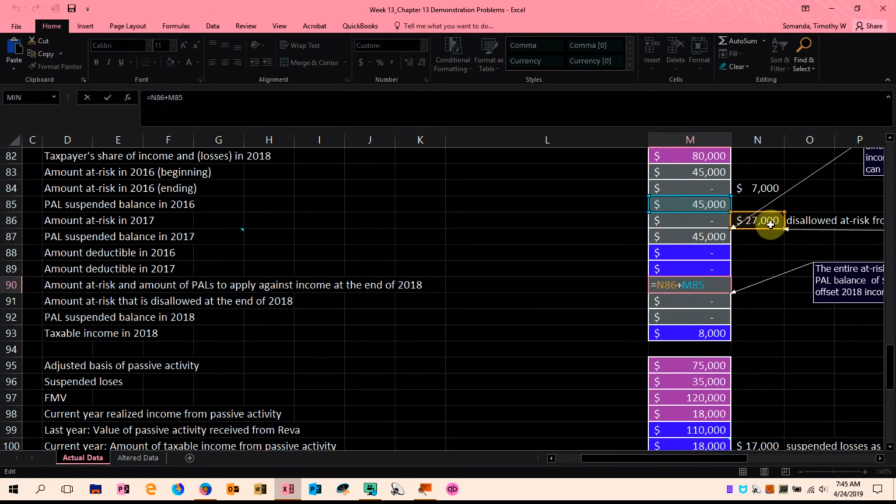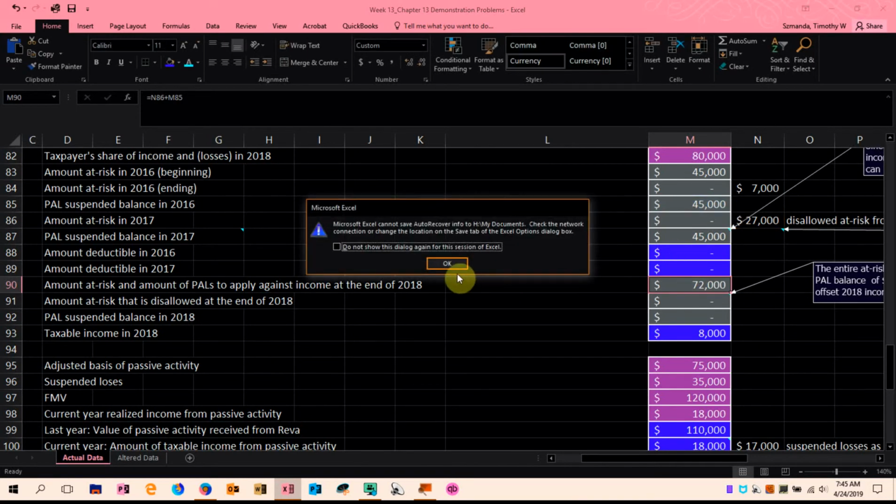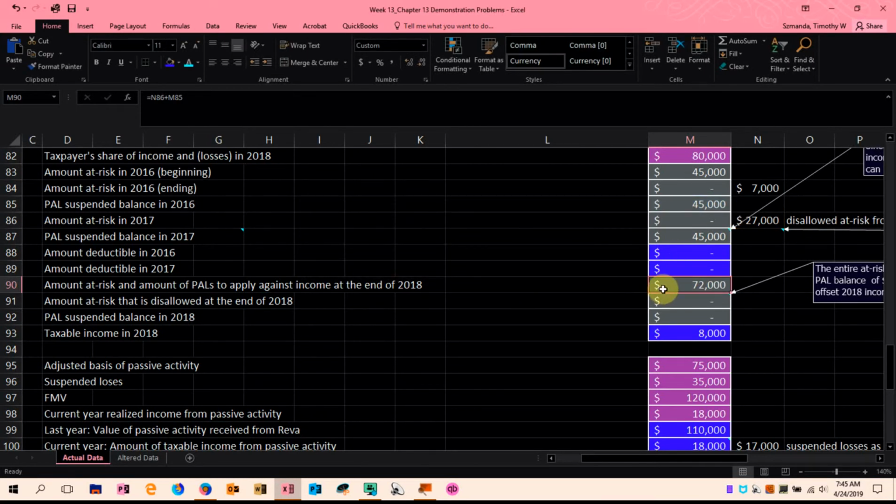So now we're going to take that $27,000 for at-risk purposes and we're going to add to it the suspended balance in 2016 for passive activity losses. So the $27,000 plus the $45,000 will give a total of $72,000. Again, that's $27,000 disallowed at-risk plus the $45,000 suspended balance. Gives us $72,000.